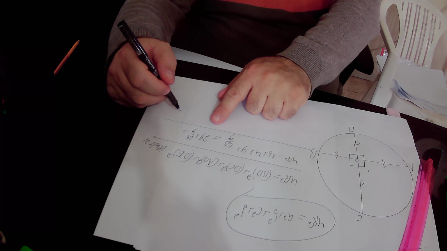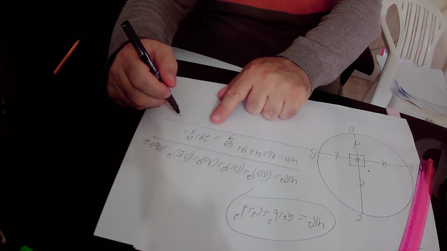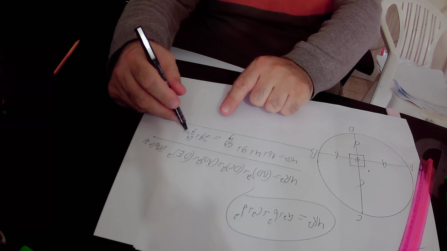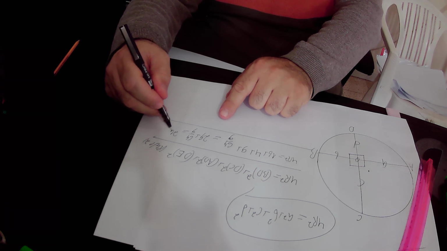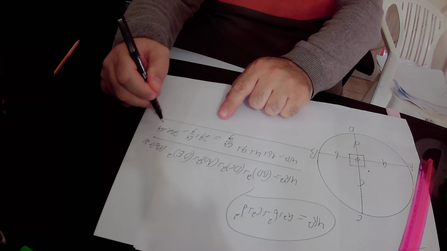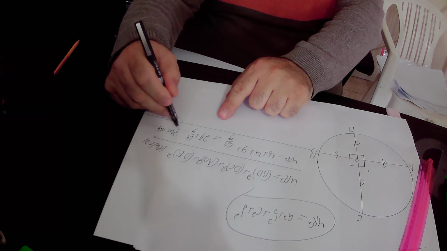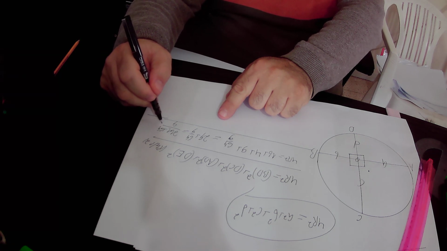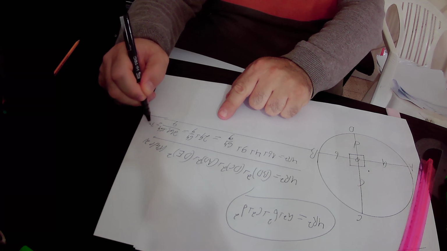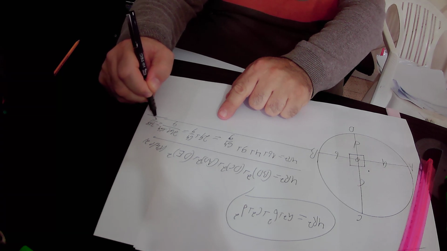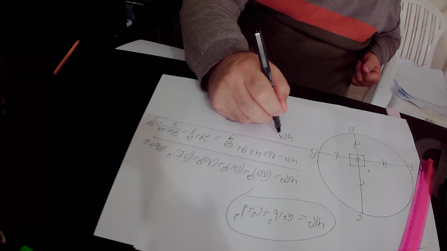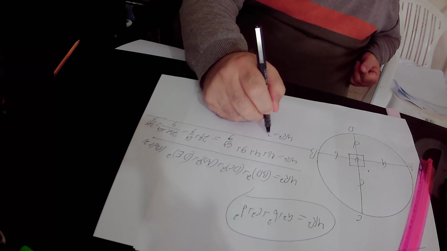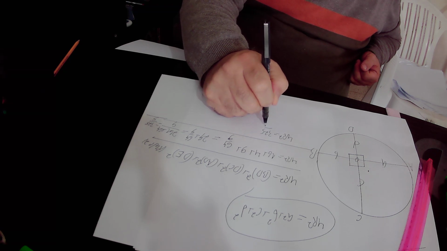Here we will multiply 29 by 9, and then divide it by 9 in order to have a common factor with this expression, and we get that 29 times 9 is 261, plus 64 over 9. 261 plus 64 is 325 over 9. So in conclusion, we found out that 4R squared equals 325 over 9.